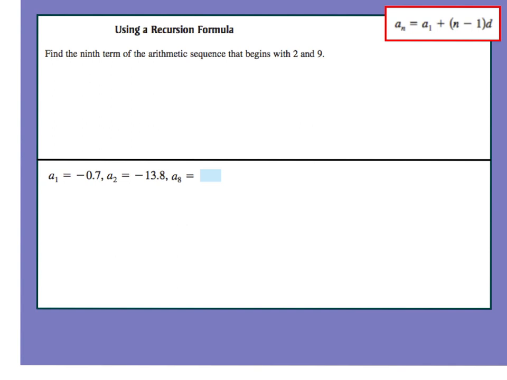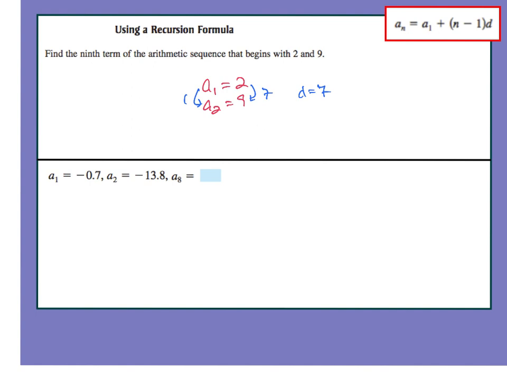So it's very similar to what we just did. So a sub 1 is equal to 2 and a sub 2 is equal to 9. Well, how many terms? 1. How did I get from 2 to 9? 7. All right. So what's my common difference? 7. All right. I'm going to show you multiple ways to do it here.